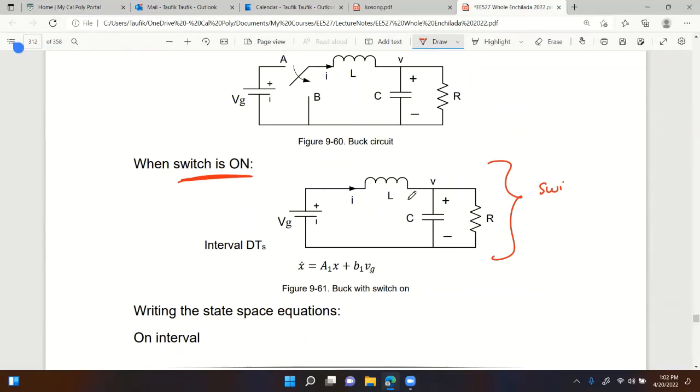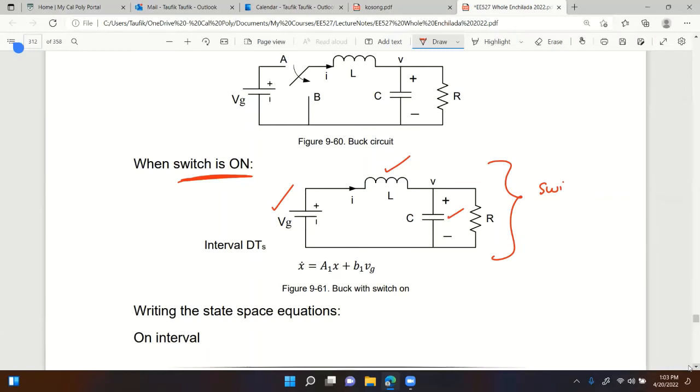Since this is one of the two states, I'm going to call them A1 and B1, to indicate that this is from the first state of the two. Our input, there's only one input, and there are two state variables, IL and VC.